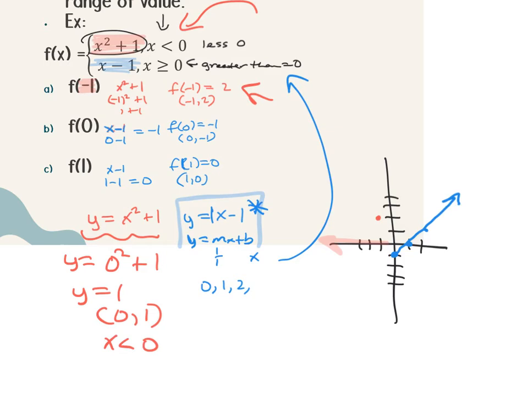Remember, that was the open and the closed circles. So I'm going to put an open circle here, and then it goes up like this. So what you're doing is picking numbers that are 0 or less, plugging them into this equation to get the graph. Whenever it's an x squared graph, the graph will look like a U.